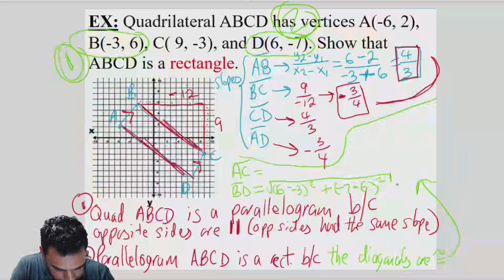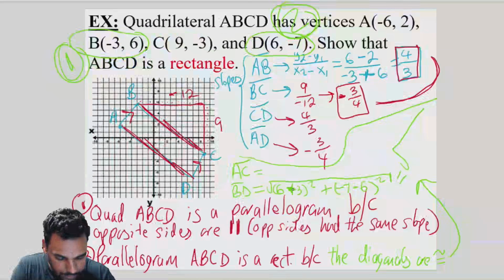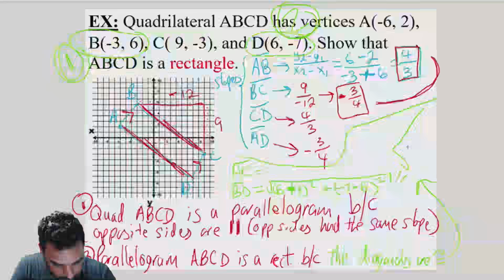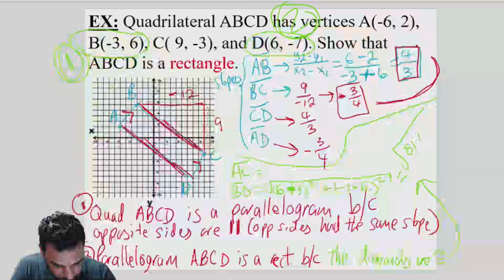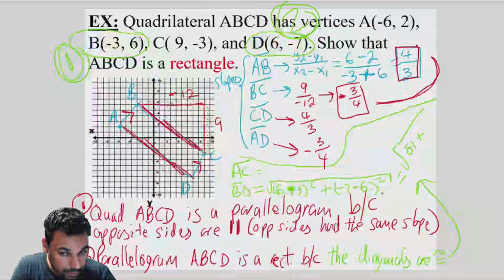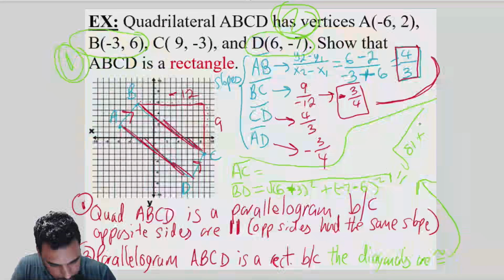And I'm just going to kind of continue to work up here. I'm doing this piece by piece. 6, this is like a plus because minus and minus is like a plus. 6 plus 3 is 9. What's 9 squared? 81. What is negative 7 minus 6? That is negative 13. What's negative 13 squared? I think that's just 169.